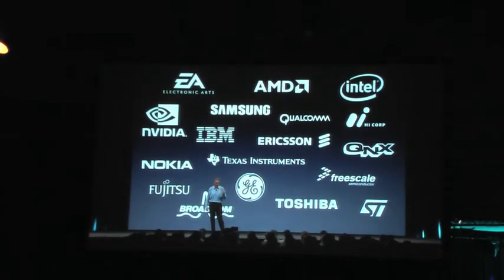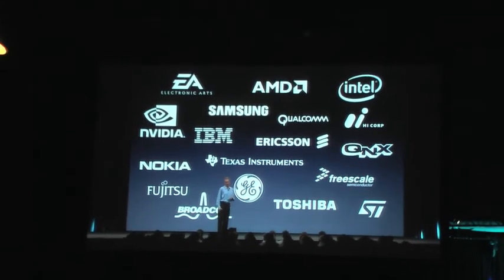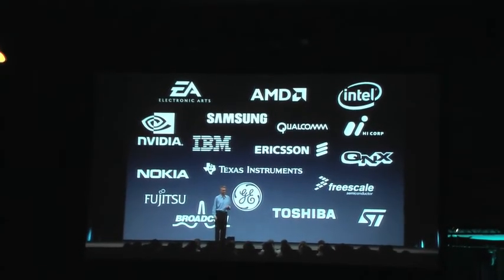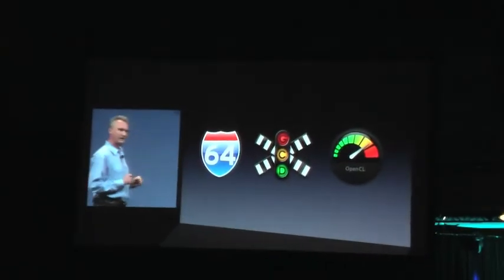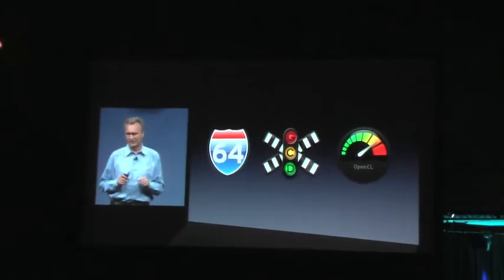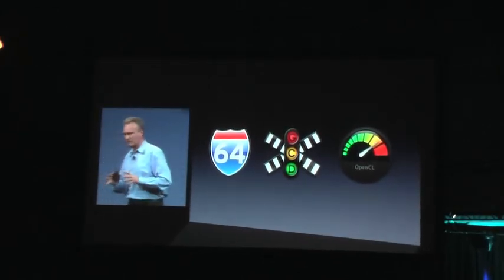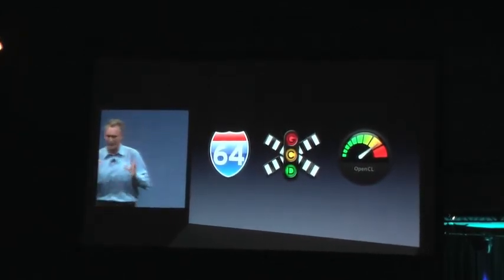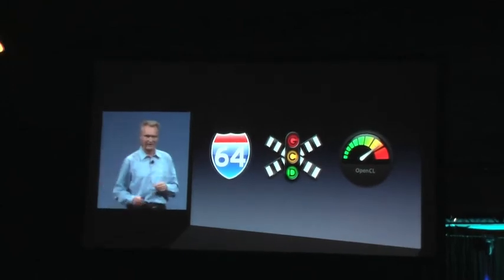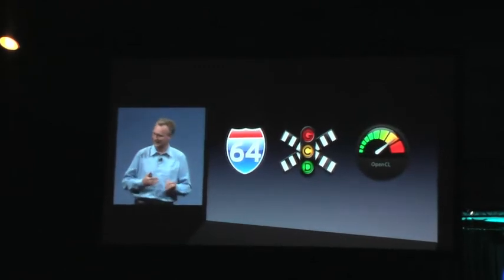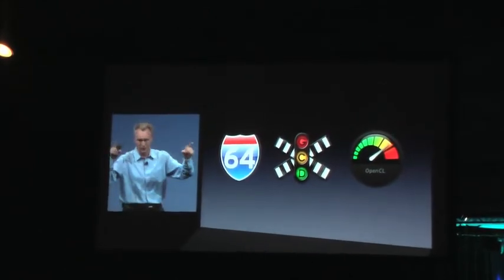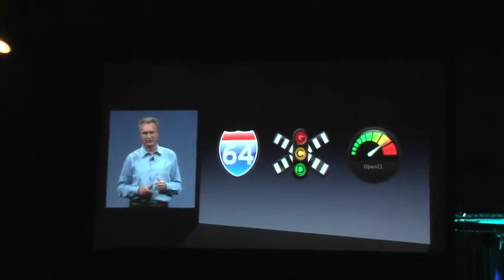In fact, all the top manufacturers of graphics chips are in. So that's OpenCL. Just three of the technologies we have in Snow Leopard, they are really important because they give us a lot of power in the platform. And this power is power for us to innovate in the OS, and it's power for you, for your applications, to gain a competitive edge.